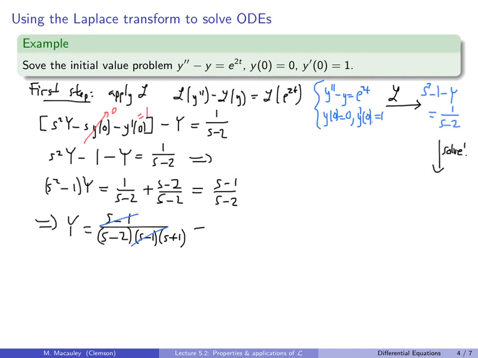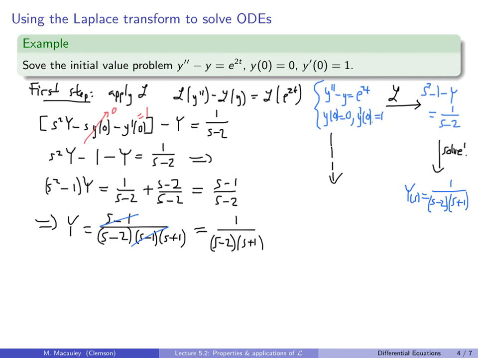And so we get that Y equals 1 over s minus 2 times s plus 1. So let's update our little diagram. We solve this and we get that Y of s equals 1 over s minus 2 times s plus 1.